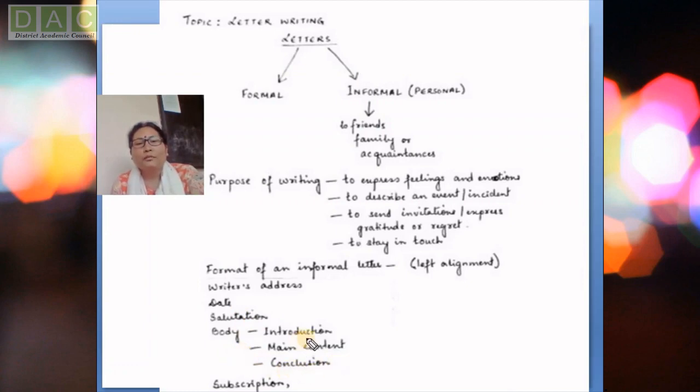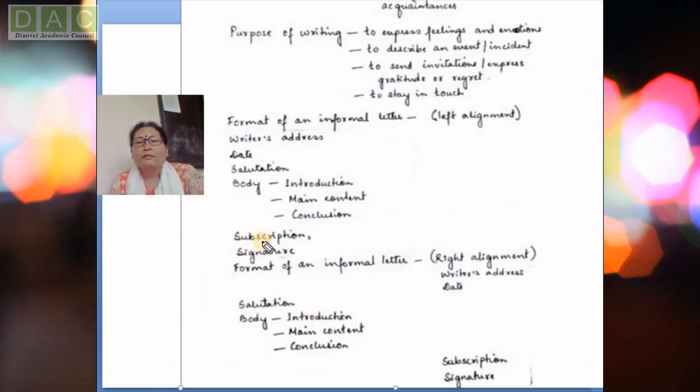Here, body means the main content of the letter, where we need to write three paragraphs: the introduction, the second the main content, and the last the concluding portion. Then after that comes the subscription. We write to the person that we are writing to. Next will be our signature, and that forms the informal letter written on the left alignment.